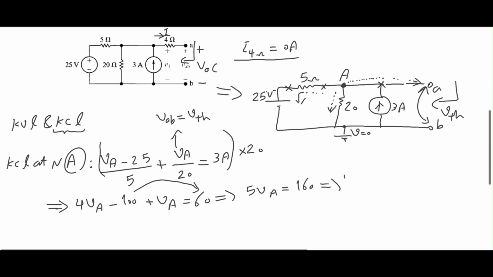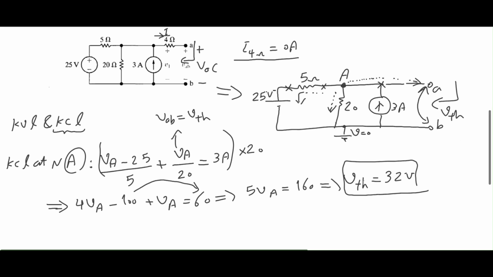There you go. What is VA, which is my Thevenin? It is 2 times 16, 32 volts. Beautiful. So Thevenin is 32 volts. Now I'm trying to just write everything down and try to form my equivalent circuit.